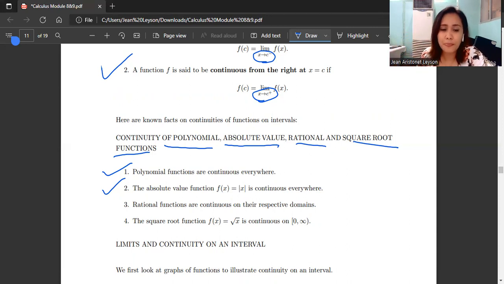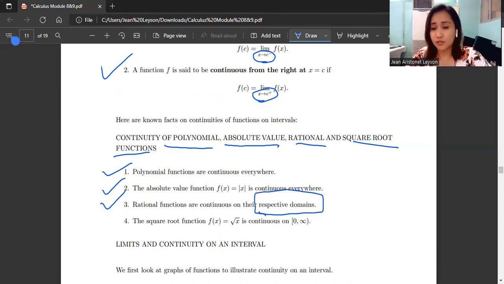Number 3, rational functions are continuous only on their respective domain. So as long as it does not make the function undefined, at that certain point the function is continuous. But if that certain value makes the function undefined, at that certain point the function is discontinuous.